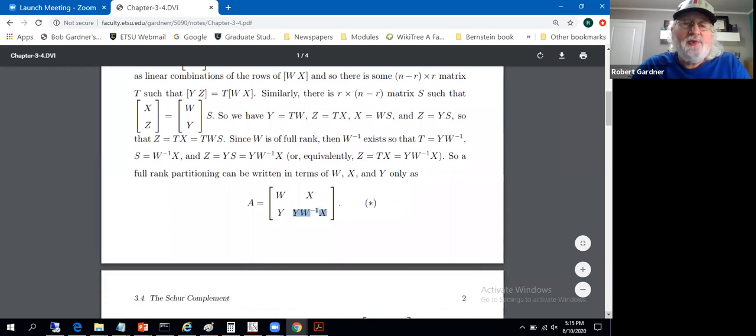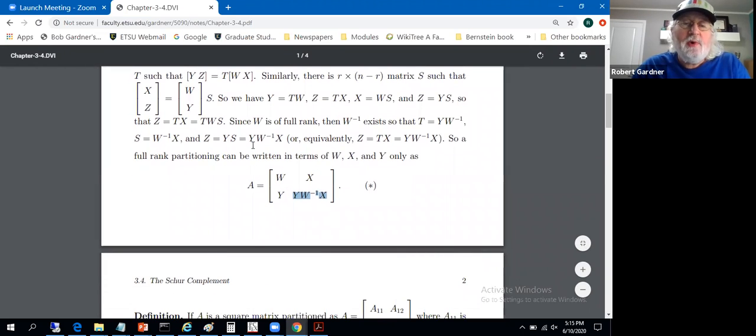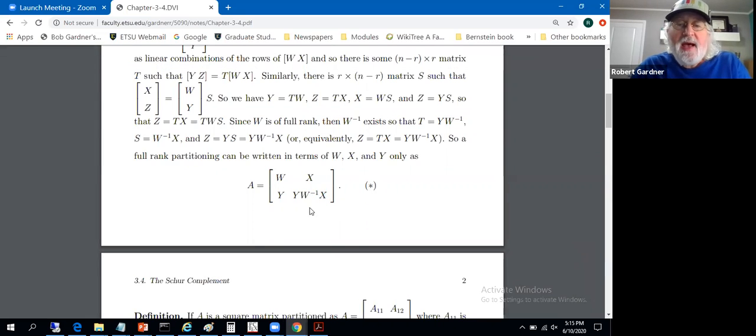So this is where we had entry Z, and we just saw Z as Y W inverse X. So the pattern, we'll have to refer back to this, so we'll give it a name. The pattern is, under those conditions on a partitioned matrix, this piece of the partition must be this matrix times the inverse of this matrix times that matrix. So that's the little pattern on what appears down there.